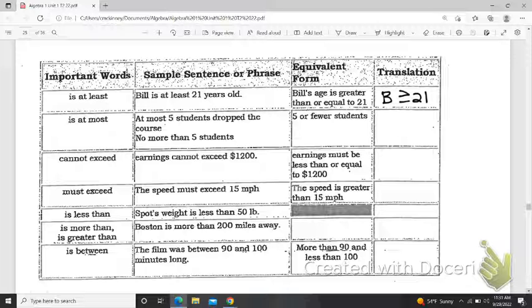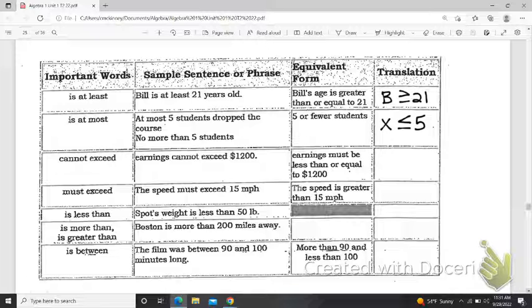If at most 5 students drop the course, we could also say that's no more than 5 students. It's also 5 or fewer. So this would be like the students that drop the course is less than or equal to 5.